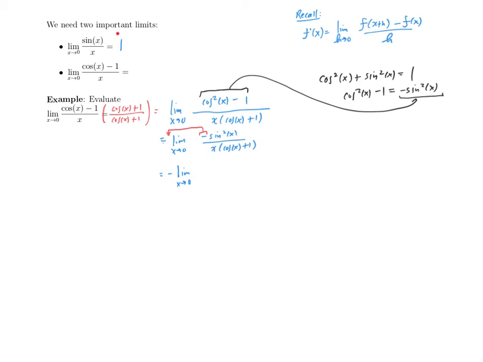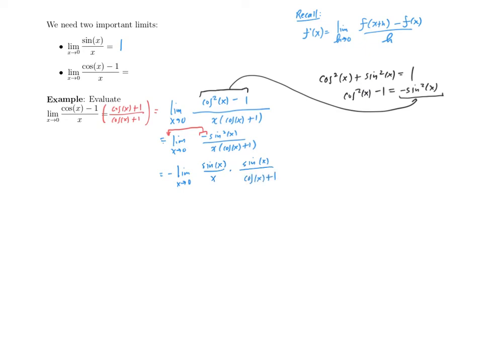And if we look up at this first limit, the limit as x approaches 0 of sine x over x, we actually have a sine x over x. So let's separate that out and see if we can use that first new limit formula. So we can write this as sine x over x times sine x over cosine x plus 1.